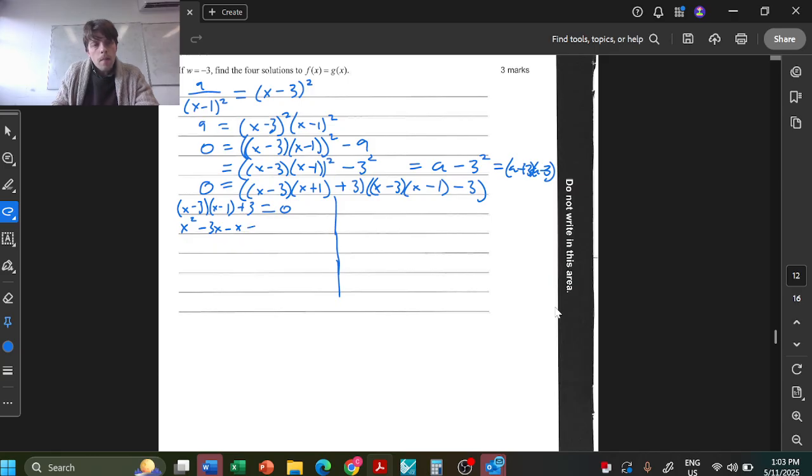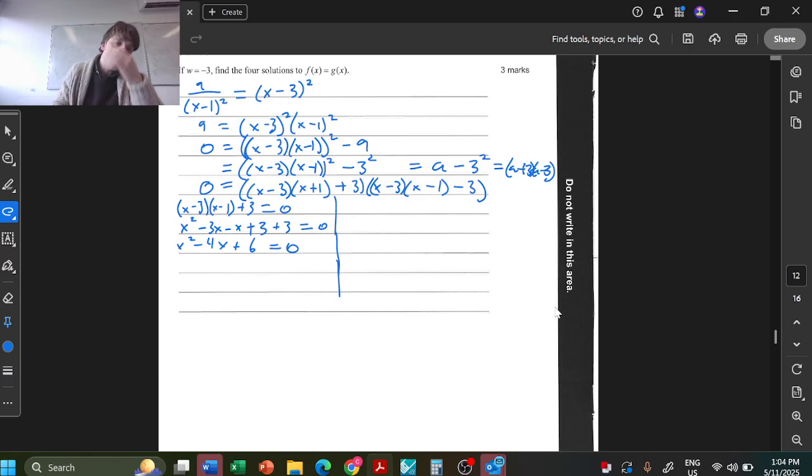And then we have plus 3 equals 0. Okay. So this is a bit harder then. Okay, so this is x squared minus 4x plus 6 equals 0. All right.